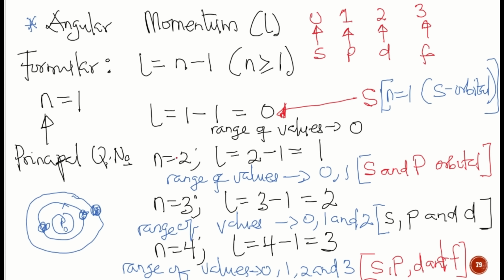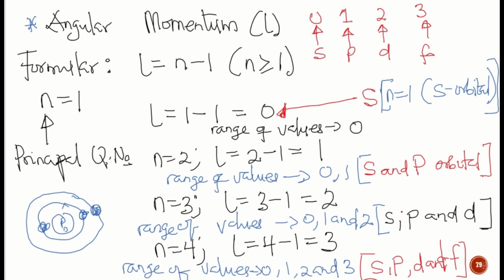But if I have n to be 2, I am going to have L equal to 2 minus 1, which gives me 1. My range of values for L is going to be 0, 1, and the orbitals will be s for the 0 and then p for the 1. If I have n to be 3, L equals 3 minus 1, which will give me 2. My range of L values becomes 0, 1, and 2. The orbitals become s, p, and d.